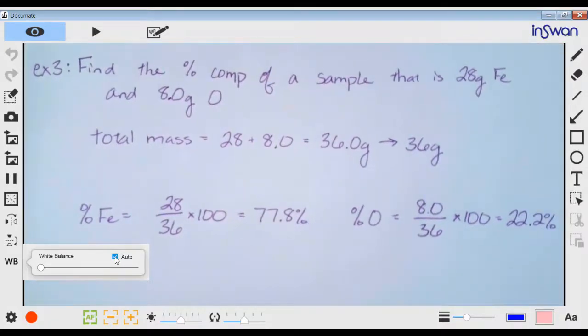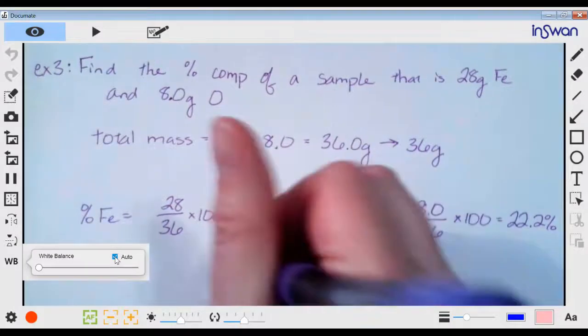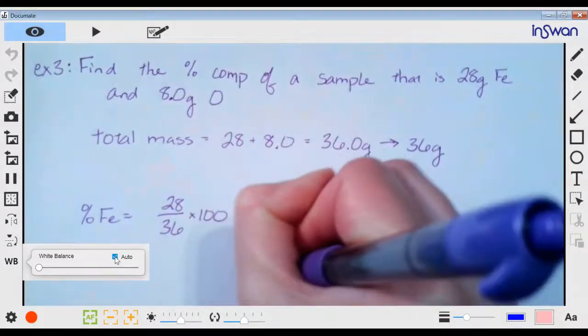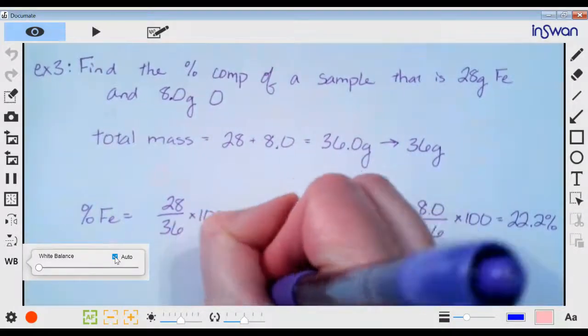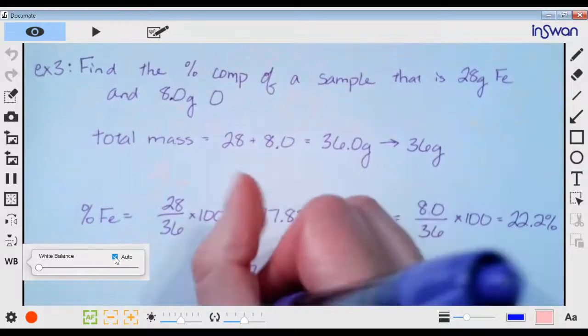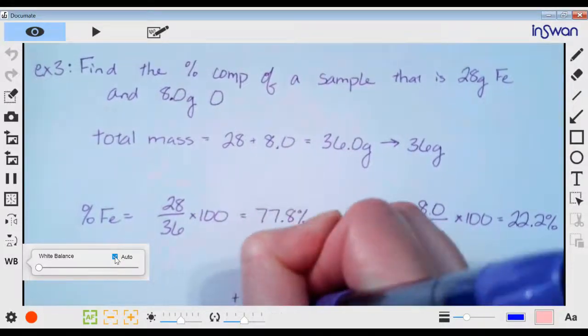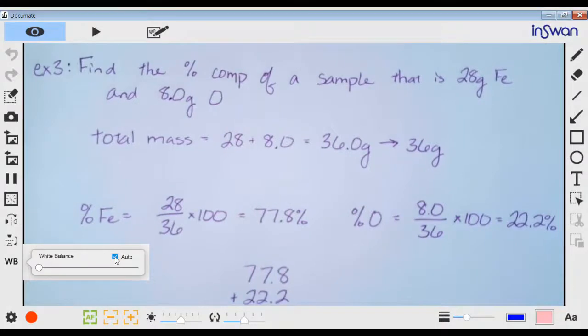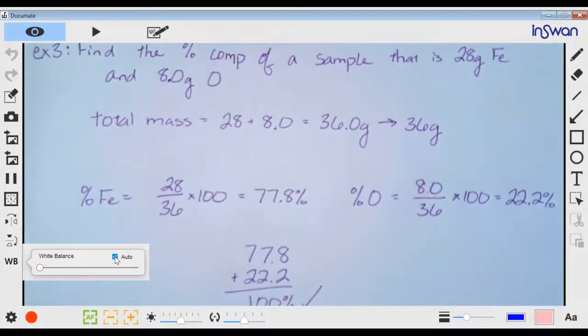Okay, if I go ahead and add those up and check, 77.8 plus 22.2 is equal to 100%. So again, I know that I have got the right answer there.